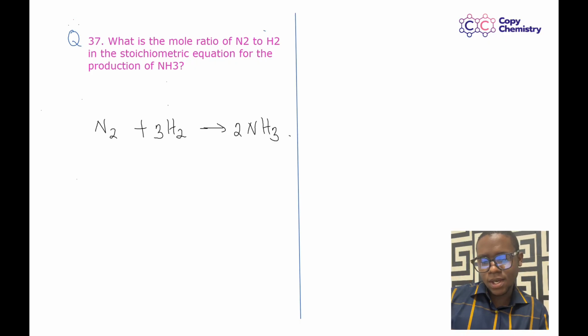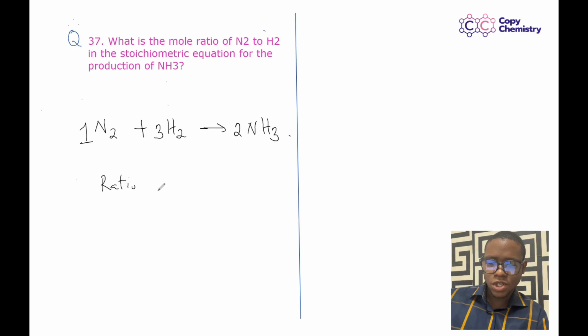And we can see here that 1 mole of nitrogen reacts with 3 moles of hydrogen. Therefore, the ratio is 1:3. That is the ratio of nitrogen to hydrogen.